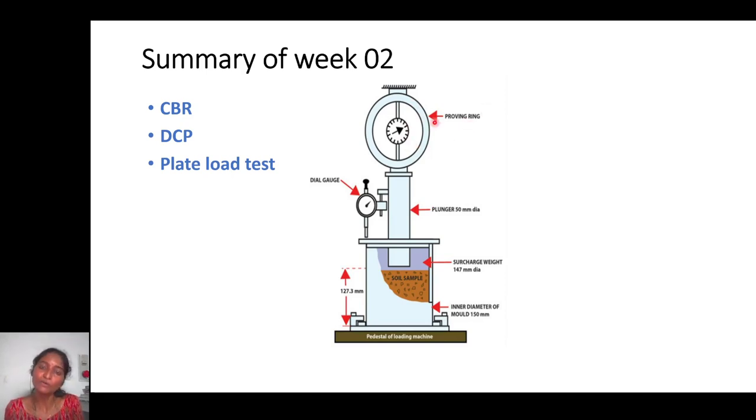They have a particular load reading, proving ring reading corresponding to the 2.5 mm and also 5 mm. So we will compare our material strength with respect to the standard material strength, and we will be reporting them as the California bearing ratio values in terms of percentages. So always the CBR value at 2.5 and 5 mm will be noted down.